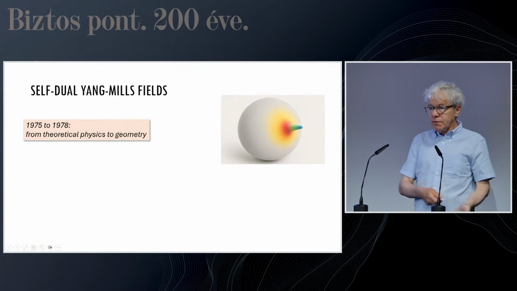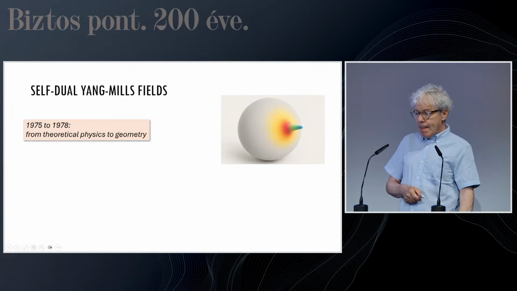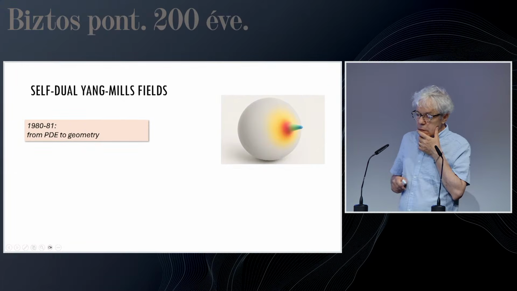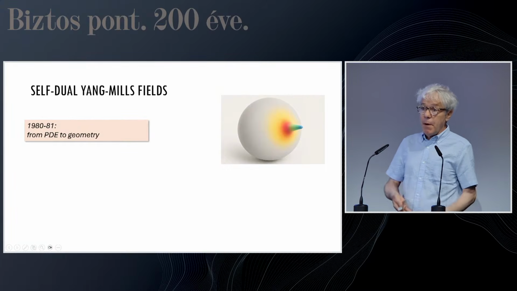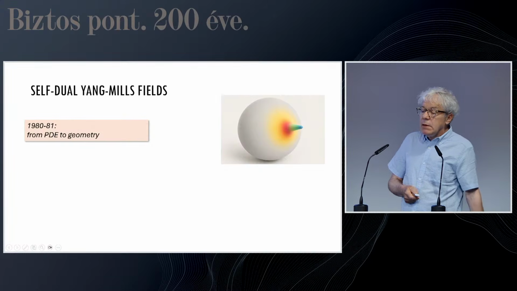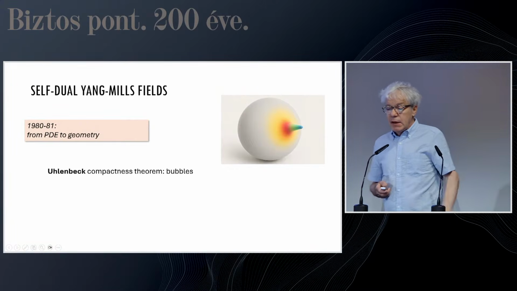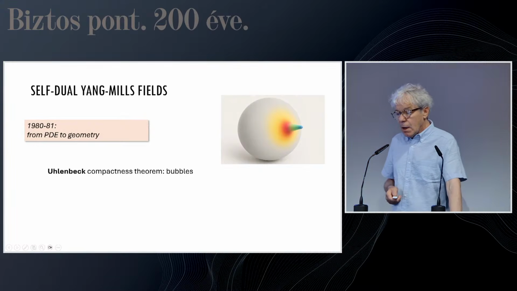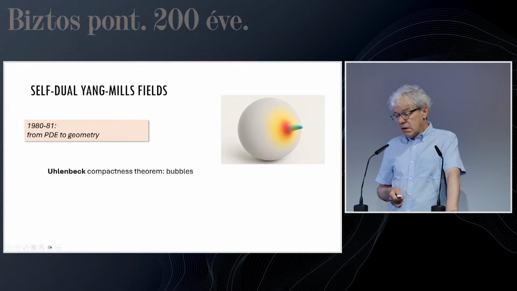So this was from theoretical physics to geometry, perhaps culminating in the Atiyah-Hitchin-Singer paper. There's another aspect to this which is less geometrical. These equations are a partial differential equation, and we can think of this in more PDE terms. Around about 1980, plus or minus, two important contributions were made in this direction. One was Uhlenbeck's compactness theorem.